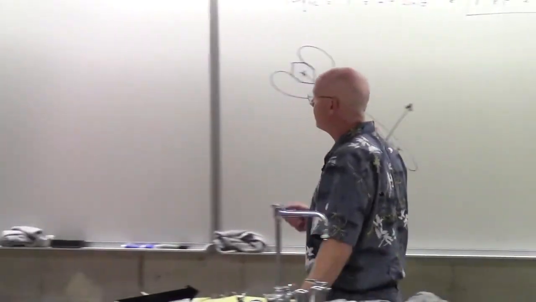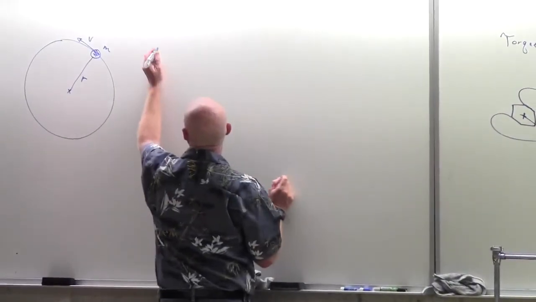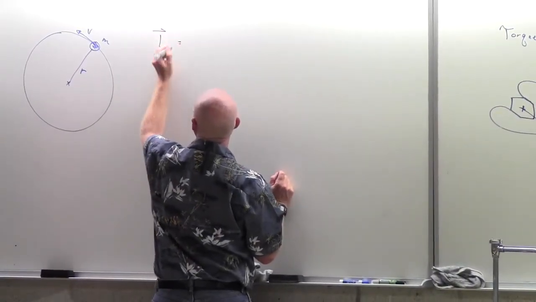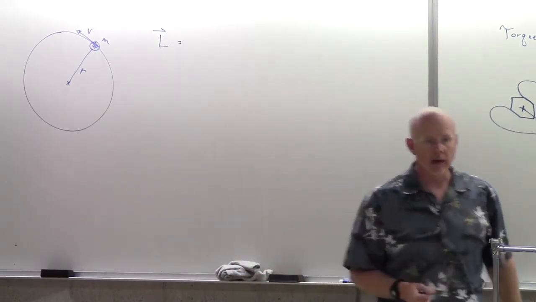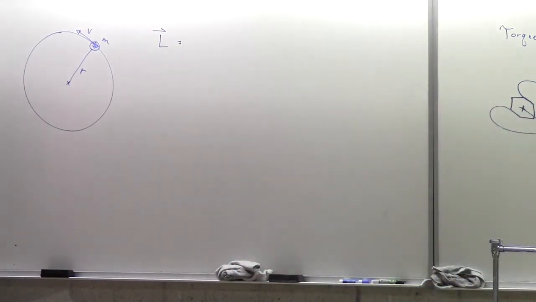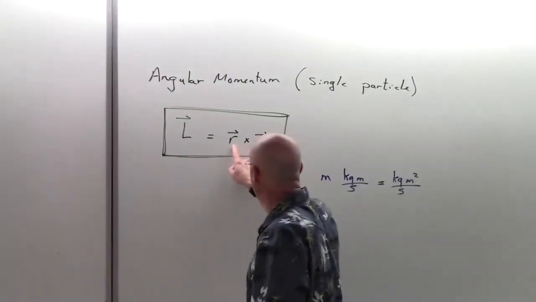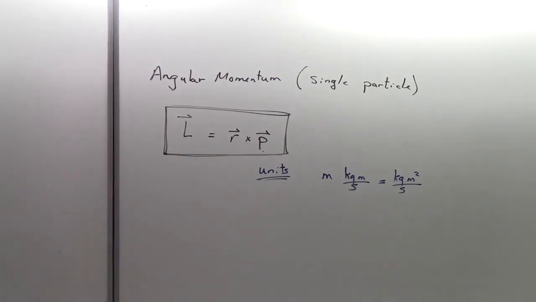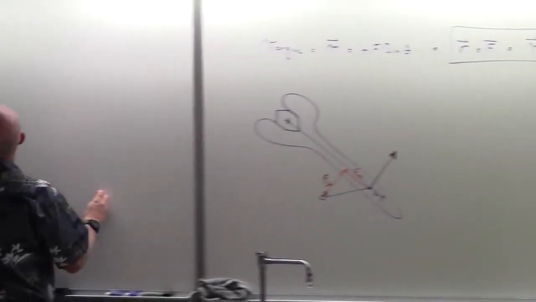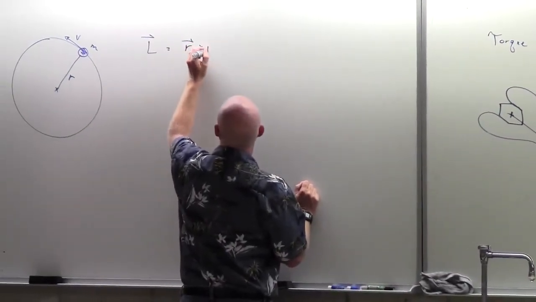My first question for you is, could you calculate the angular momentum of that? I bet you could, right? I mean, you know what r is, you know what a cross product is, and you know what p is. So let's put that in here. I guess I would first write it as r cross p.